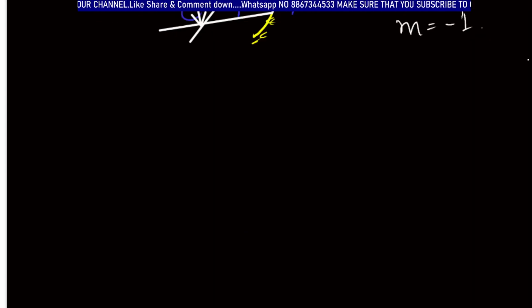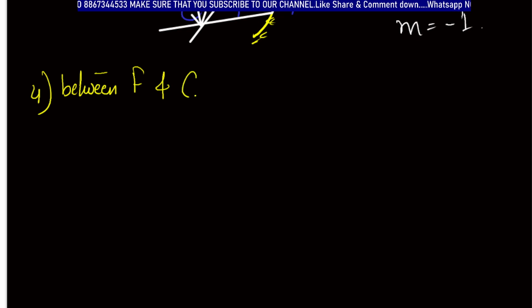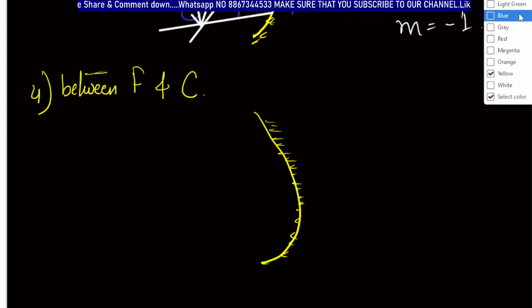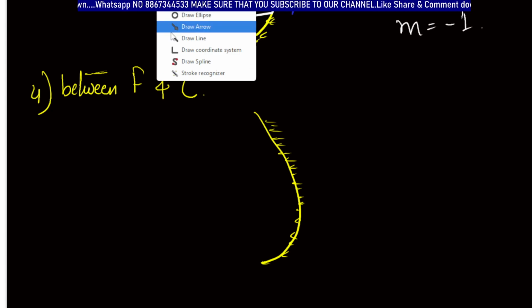The next case, the fourth, is when the object is between F and C. So let us draw the mirror. Now we will see the principal axis.